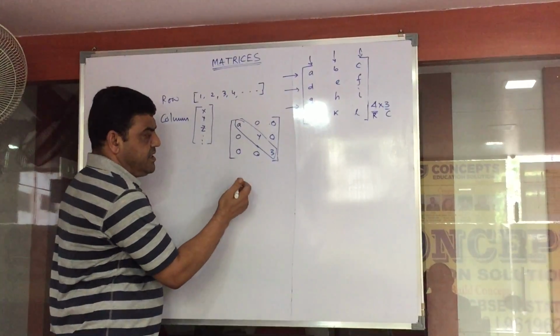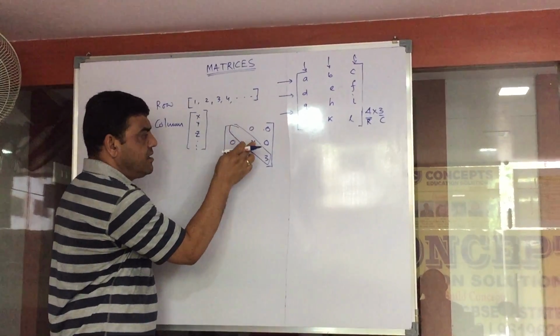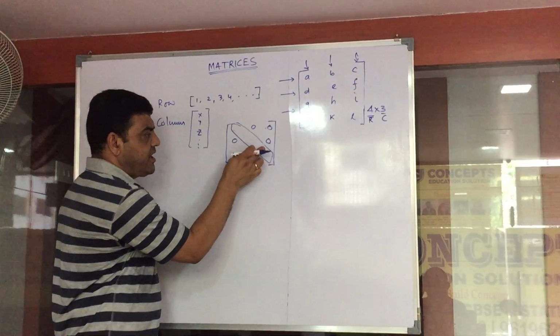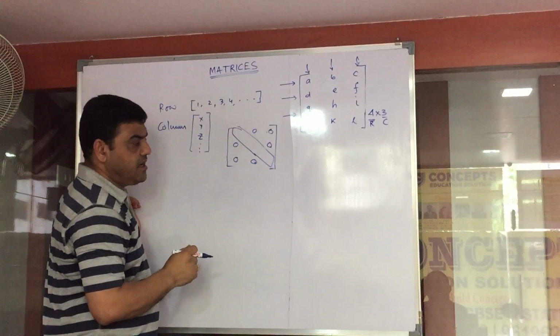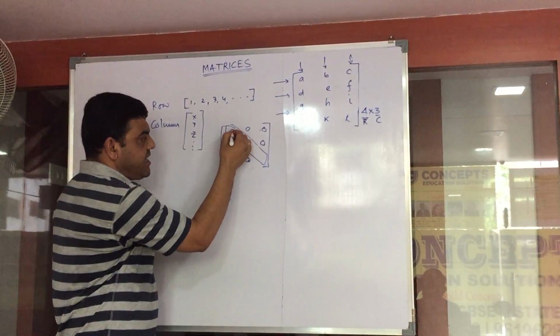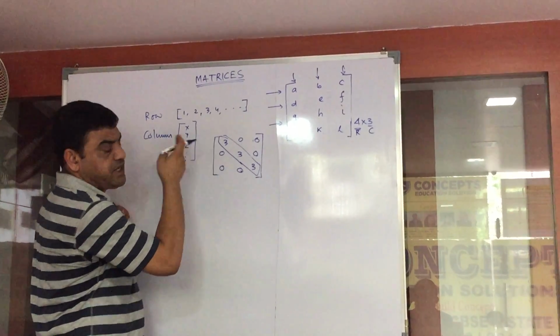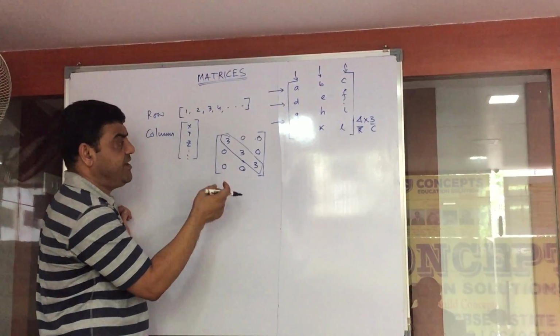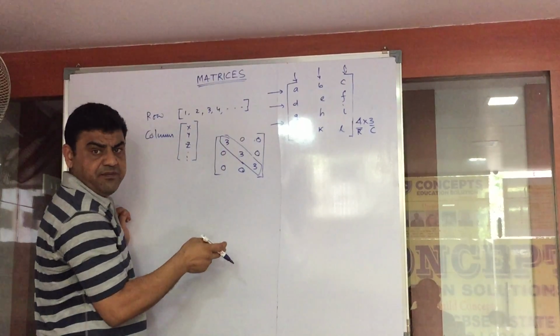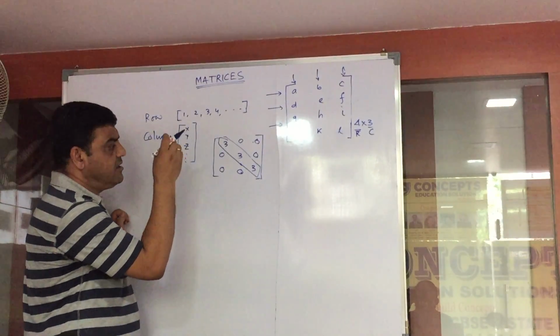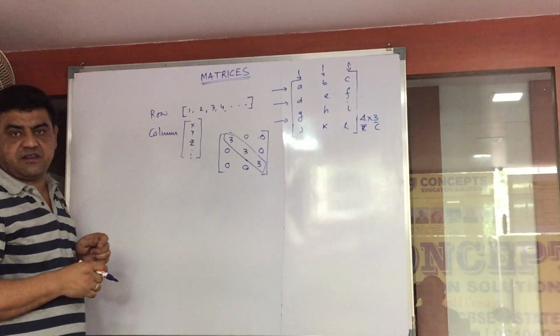When we talk of a scalar matrix, then these elements, whatever we talked about in the diagonal matrix, have to be the same. So I choose the number 3. You can choose any number, any alphabet, any function. It could be sine theta, all of them. So they are called a scalar matrix.